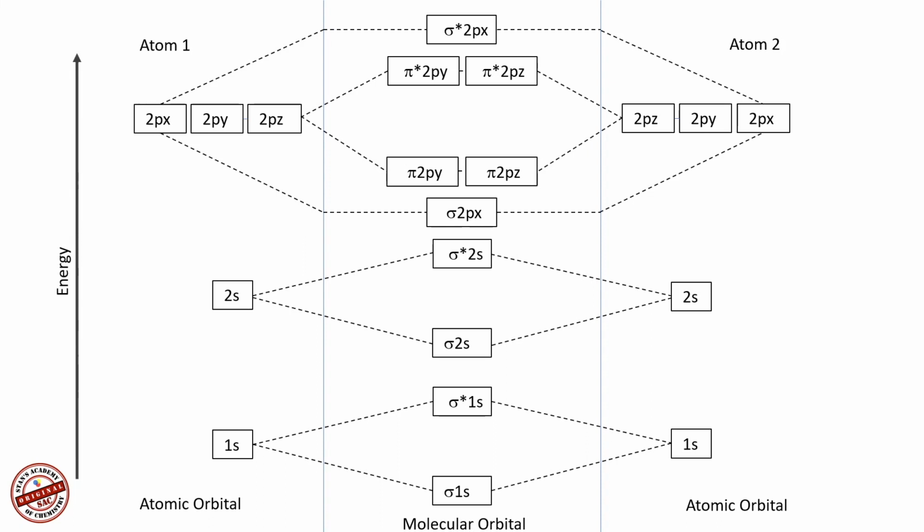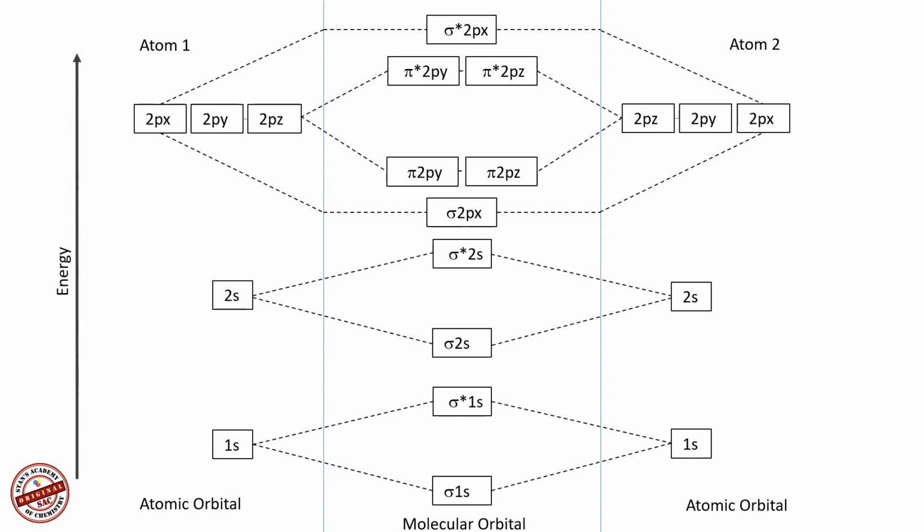And the antibonding molecular orbital has a correspondingly higher energy, which is sigma star 2px. 2py and 2pz undergo lateral overlap like we had seen in the previous slide. They form pi 2py and pi 2pz bonding molecular orbitals, and the corresponding antibonding molecular orbitals are called pi star 2py and pi star 2pz.